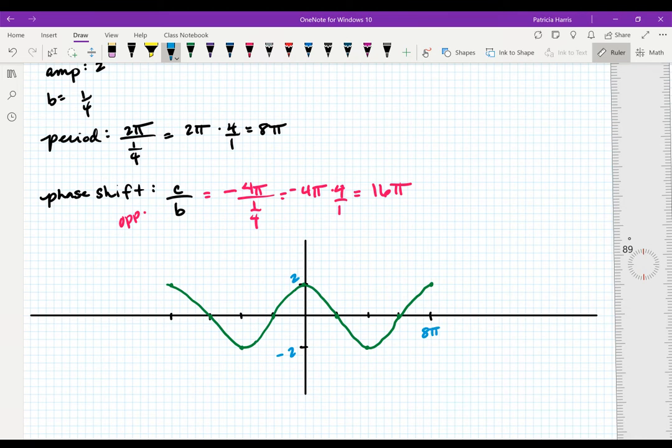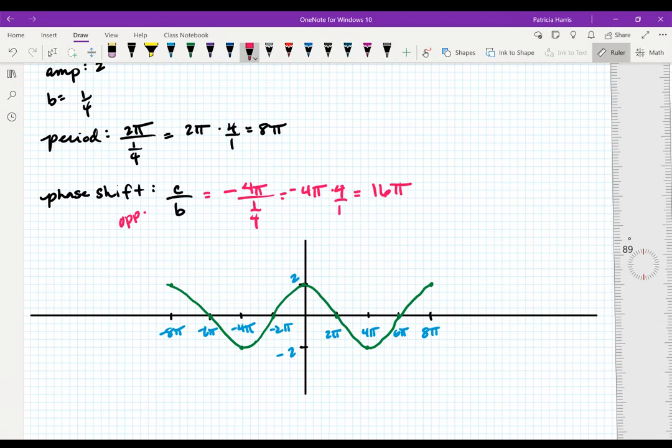So this is going to be 8 pi. And so divide that by 4. So each one is going to be 2, 4, 6. Okay, so now I have to shift everything right 16 pi. So, oh goodness, I need to put some more tick marks so I know what's going on.